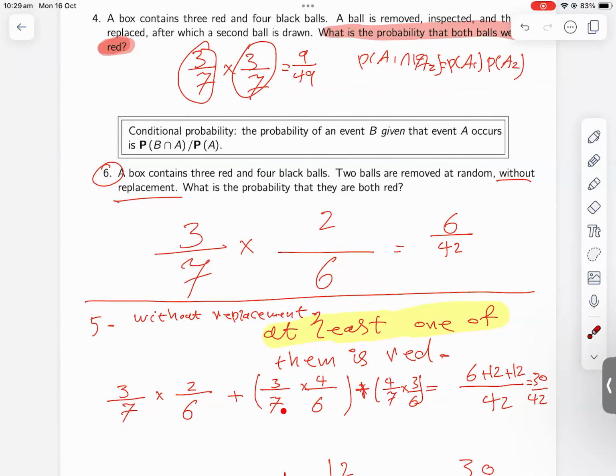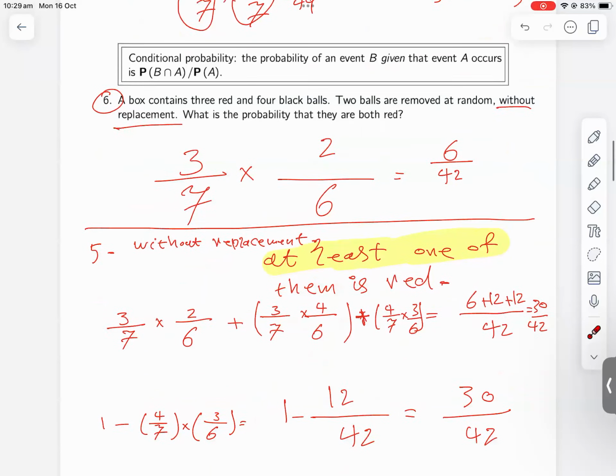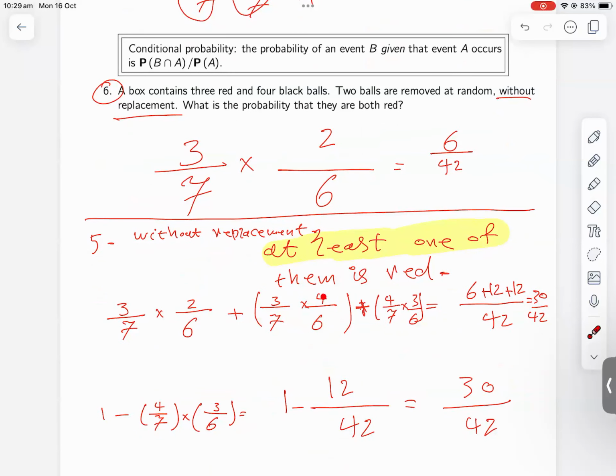Now, at least one. So we can see that we can get two of them red. So it will be 3/7 and 4/6. So the first one is 3/7 for the red and 4/6 for the black one.